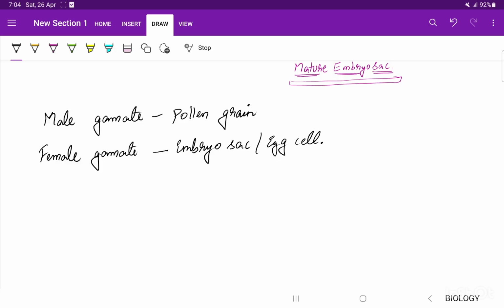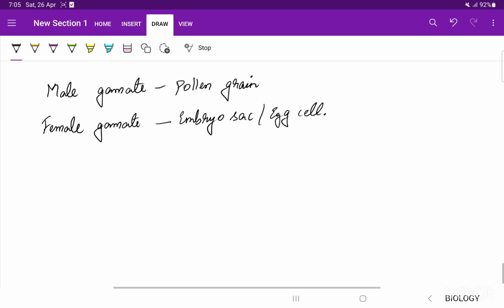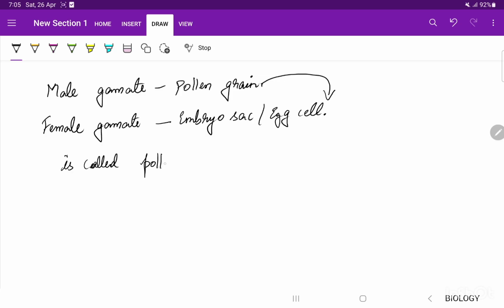Okay. Now the process of transfer of this pollen grain on the stigma is called pollination. I'll repeat.